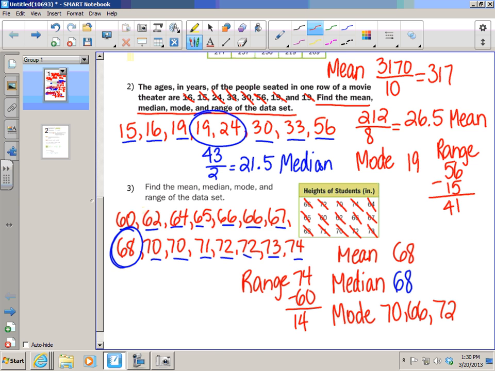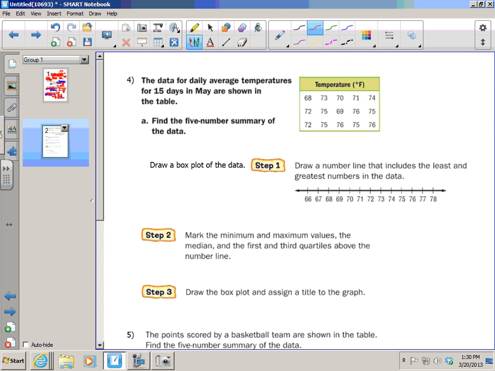Turning the page over to the back, now I am drawing a box plot of the data. We call it a box and whisker. We need to find the 5-number summary of the data for these 15 temperatures.